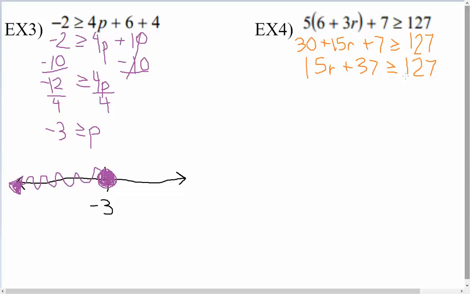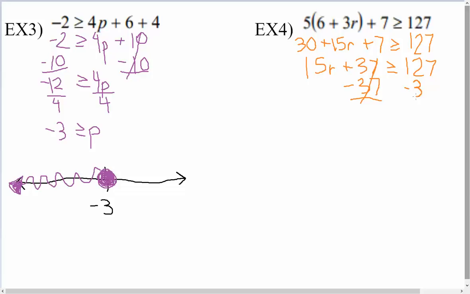Step 3 is that we eliminate a variable on both sides. Since I don't see a variable on both sides, I could skip that step. Next is get rid of the constant, eliminate the constant. So this plus 37, we're going to zero that out with a minus 37 so that we can cancel.